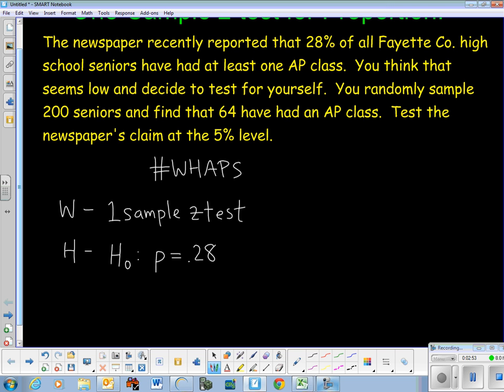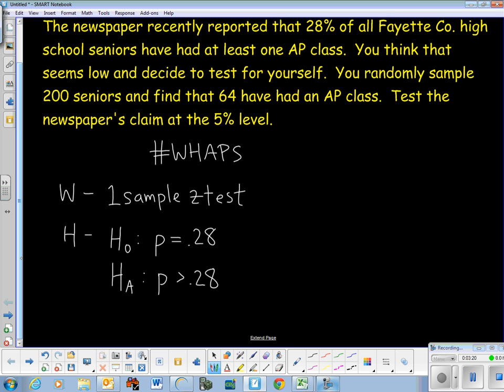The alternative, and you have to get this from the problem, is do we think it's higher or lower or just not equal to? And in this case, we think that seems a little low. So the alternative to it being 28% is that it's greater than 28%. So what we're looking for is evidence that it's either equal to 28 or evidence against it being 28.